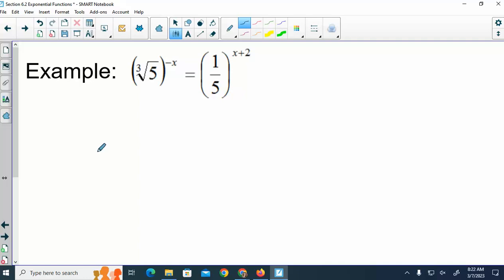What would my common base be? Yeah, 5. Okay, how would you write a cube root? 1/3. Right, and over here we had a 1/5. So if I want to write that, 5 to the negative 1, all we're doing is switching floors and we make it a negative. Alright, power to a power.